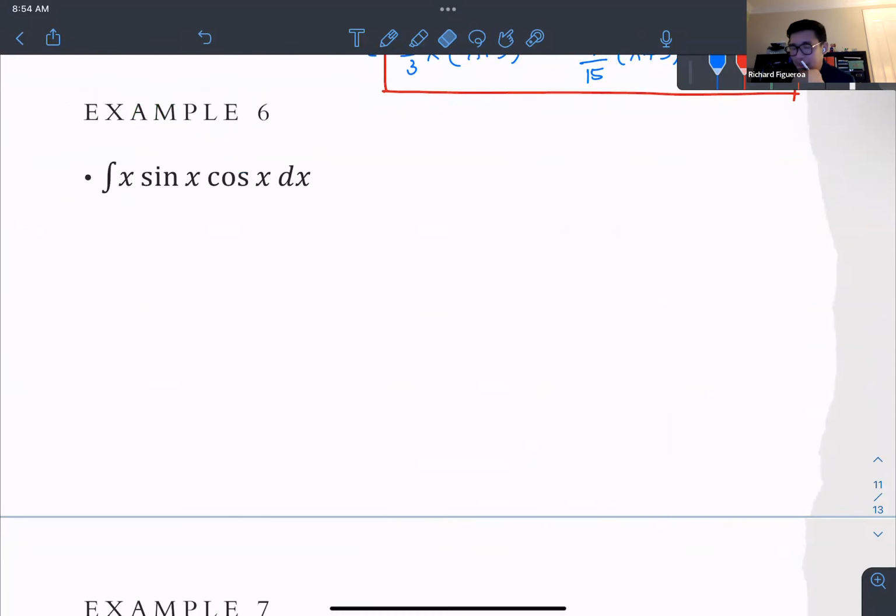Ito, tatlo siya. X sin x cosine x dx. Meron kang x, meron kang sin x, meron kang cosine x. It's a product of 3. Pero can we make this one as a product of 2 functions? Instead of 3 functions?